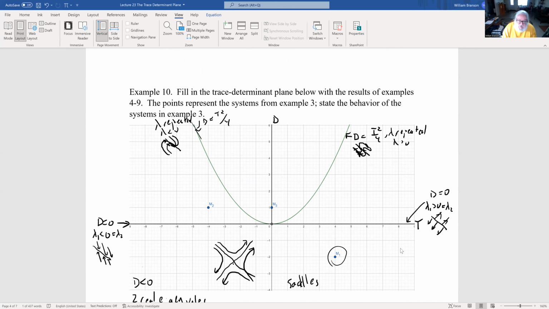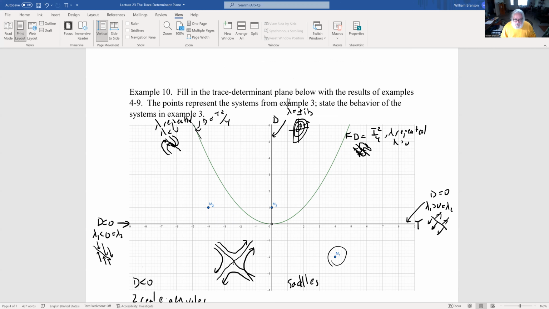So along the positive part of the d-axis, what we see is that we have purely complex eigenvalues, and what we have there as our solutions is called a center. Everything just rotates around there.